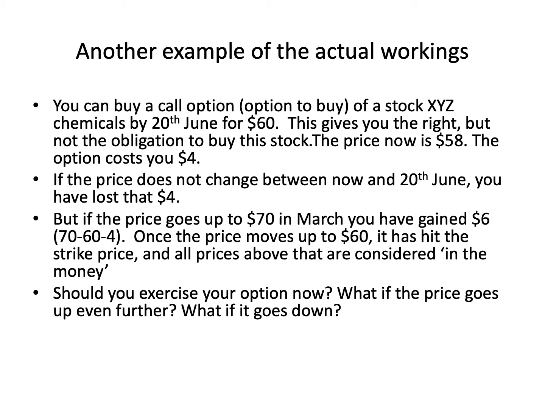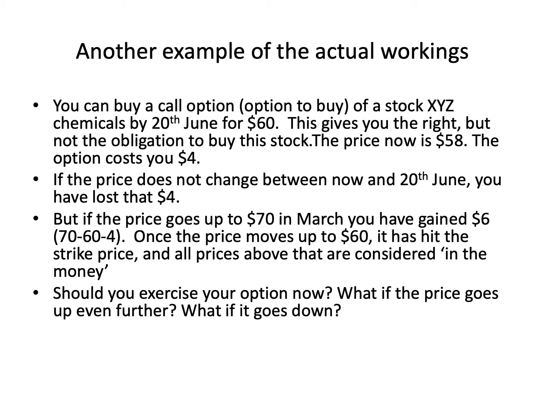Another example, it's possible to buy a call option, for example, for a stock XYZ Chemicals, by 20th of June at $60. This gives you the right, in other words, you don't have to exercise it, but not the obligation to buy the stock.